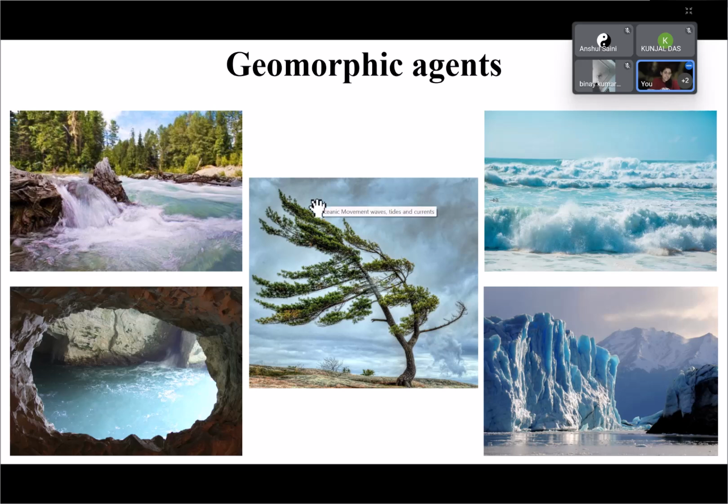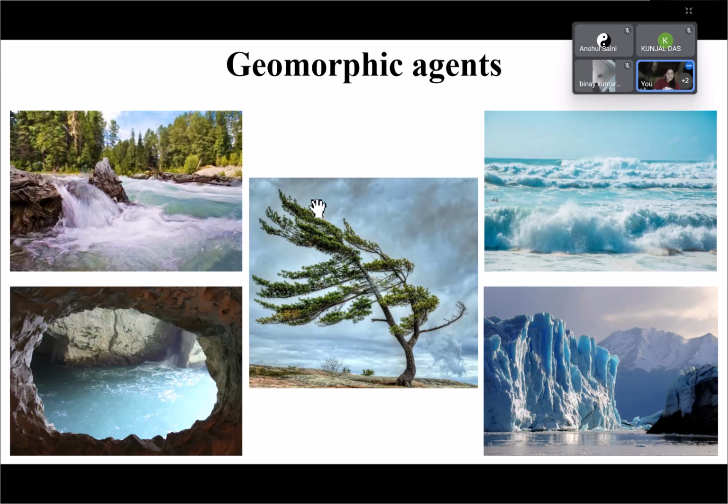And you can imagine if you have a wave continuously coming and falling on a rock, the rock breaks away after a point of time, and that gives rise to a different kind of landform. Similarly, wind takes away the top layer of the soil, or it can break the structure of a rock, which gives rise to a different kind of landform.